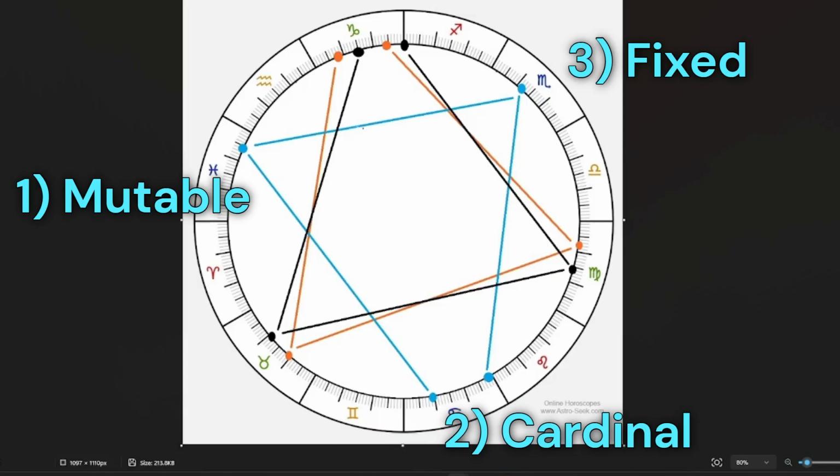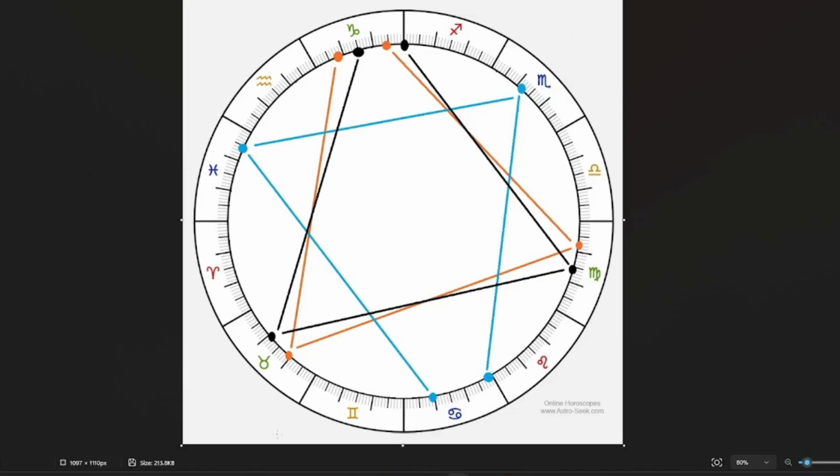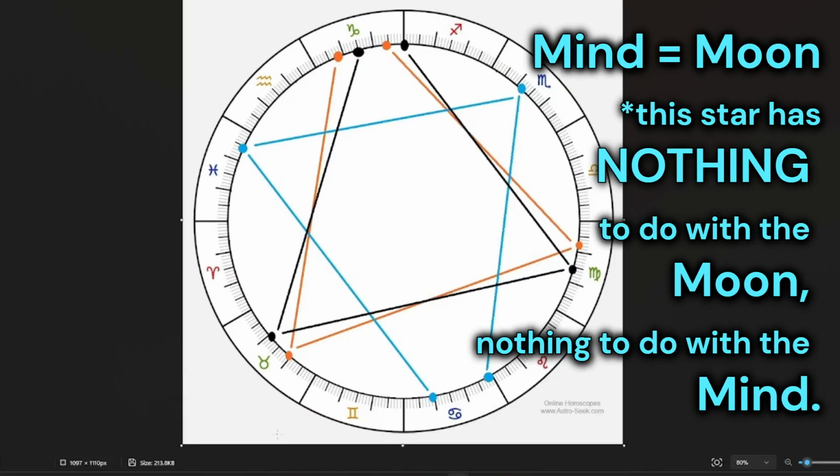And then from there, it'll progress to the fixed, which helps establish the habit as fixed. This star is a problem-solving star. This star is designed to change the experiences of your body, to change the habits of your body, rather than your mind. That's the moon. This is not the moon.